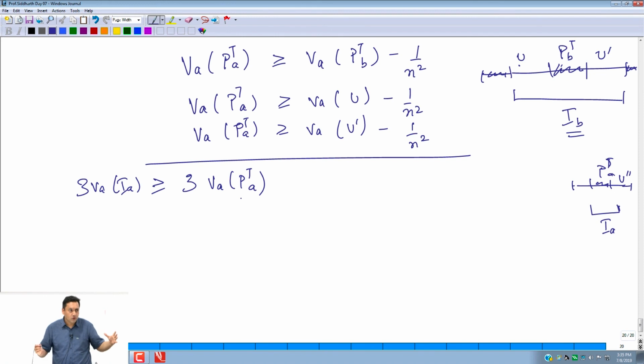This is just monotonicity. Again, additivity of valuations. This is VA. These three things together constitute IB, right? This is like stitching together these three things.